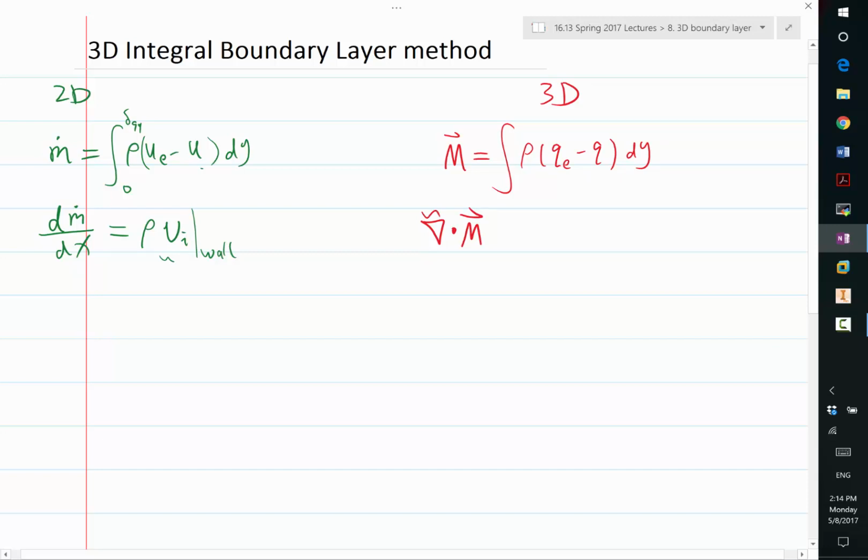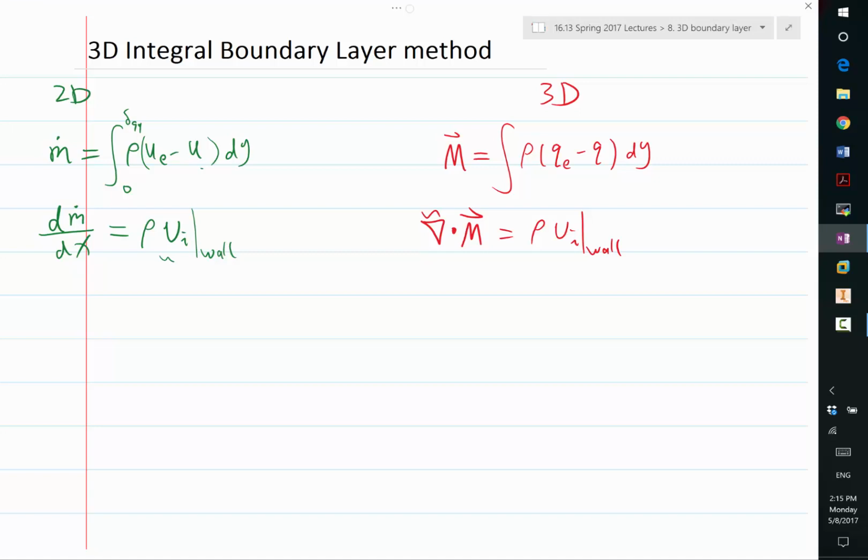So it's basically dmx dx plus dmz dz is equal to the same rho vi at the wall. All right. And as you can imagine, solving the equations on the wall is basically solving a 2-dimensional PDE just on the wall, as opposed to solving an ODE on the wall. It's somewhere in between solving an ODE on the line versus solving a PDE in the 3-dimensional space.